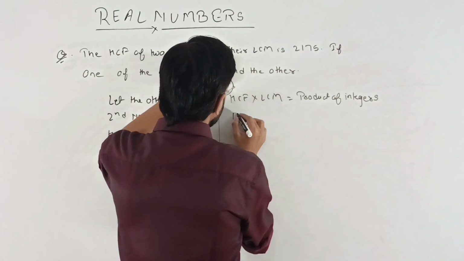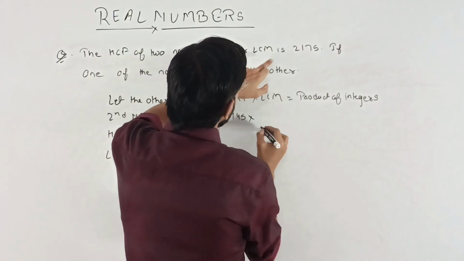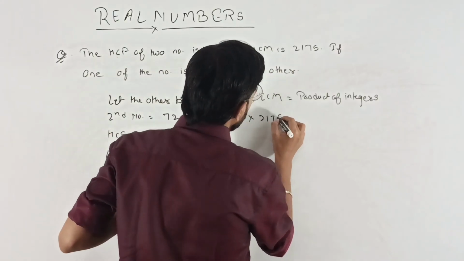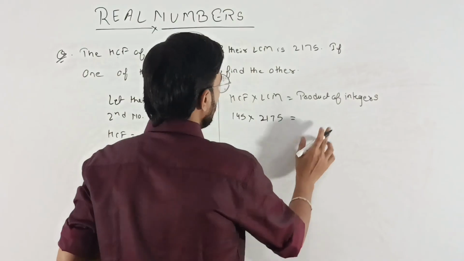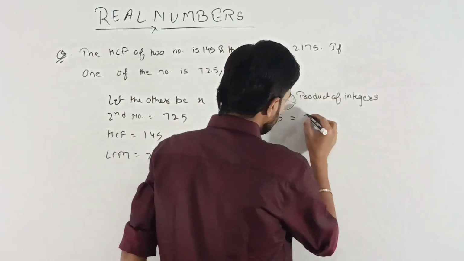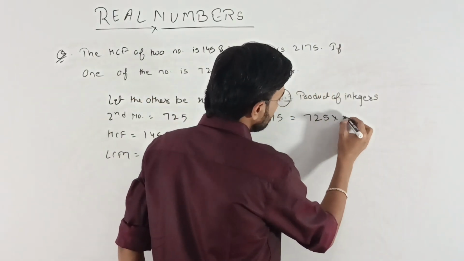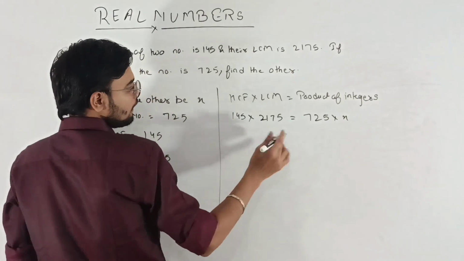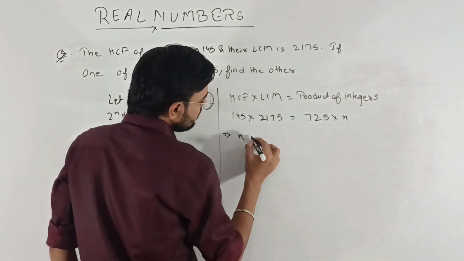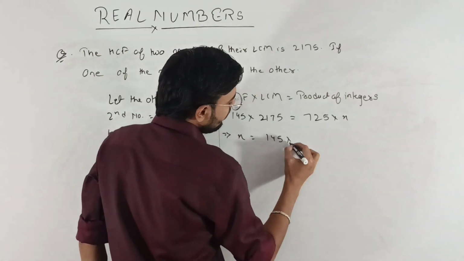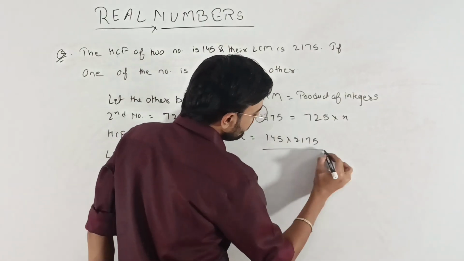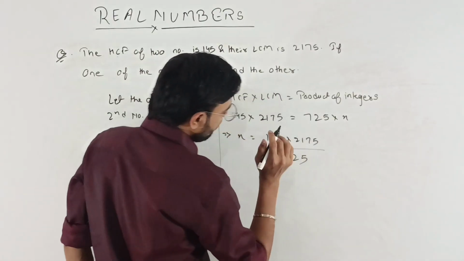HCF is 145, LCM is 2175 and the first number is 725. The second is x. Now from this equation we find x. Then x is 145 into 2175 upon 725.